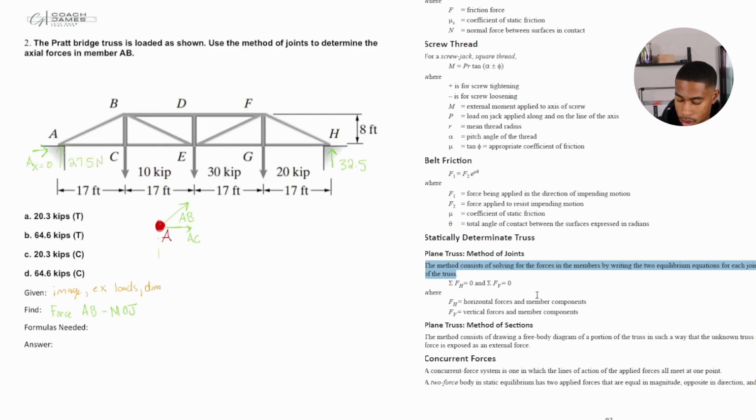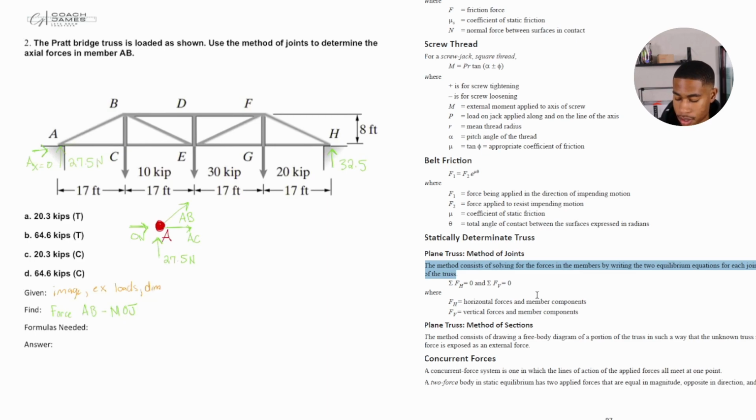We have an external force from the pin. It's a reaction, but it is external, and it's 27.5 newtons. That's the force. And then we have another external force from the pin that equals 0 newtons. So that's the horizontal and vertical. Okay.